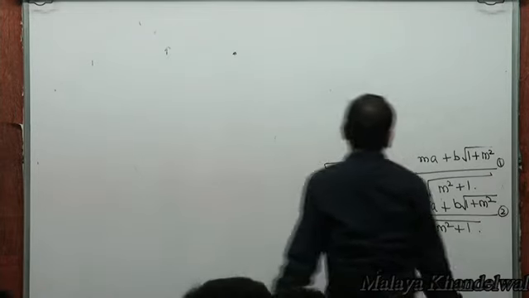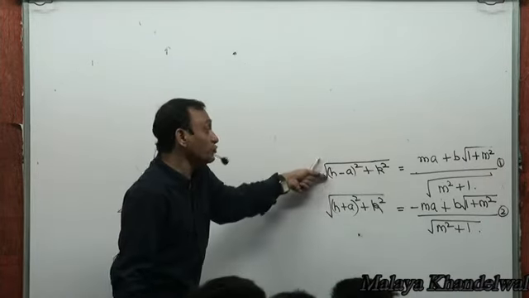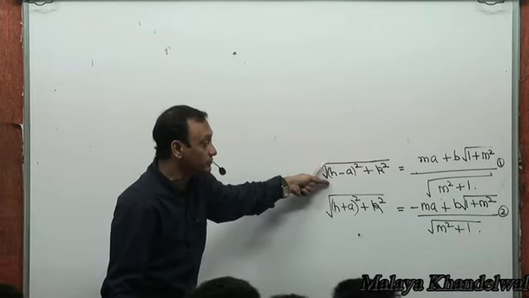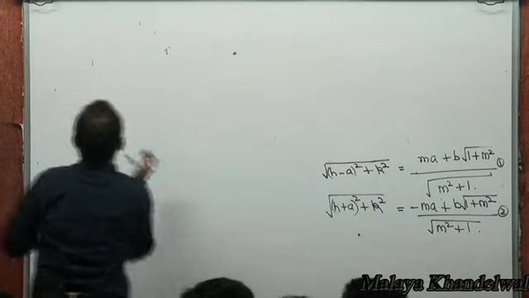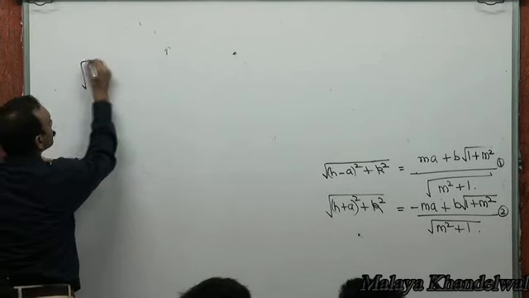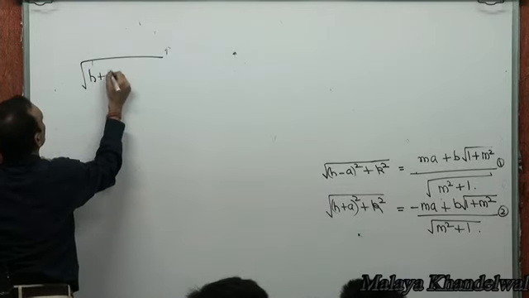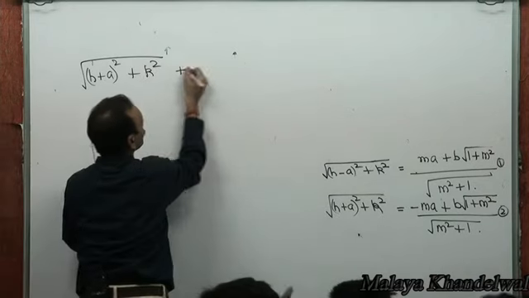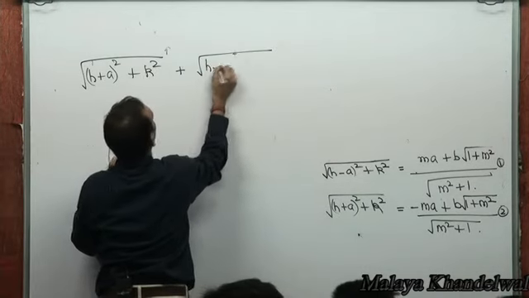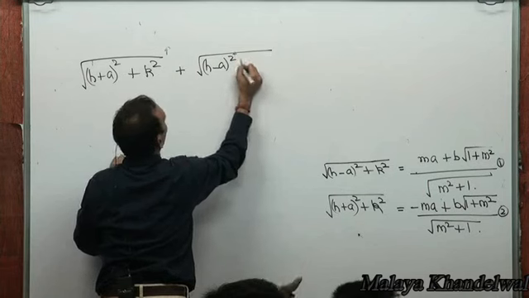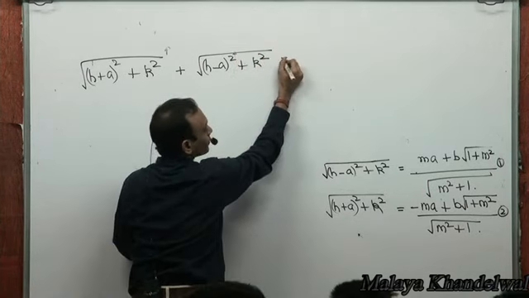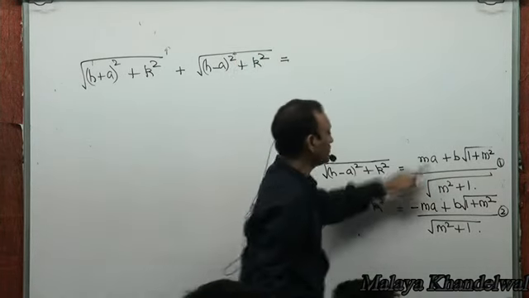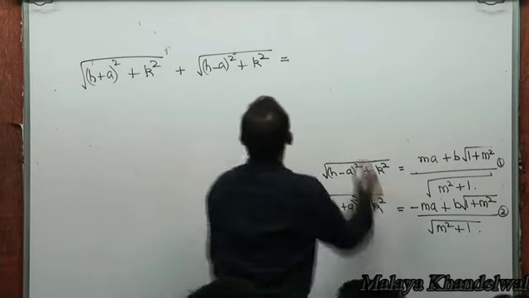So one thing, yes, if you add, m doesn't get eliminated completely. So if I add, what do I get? ma will get cancelled. So that will give me 2b.